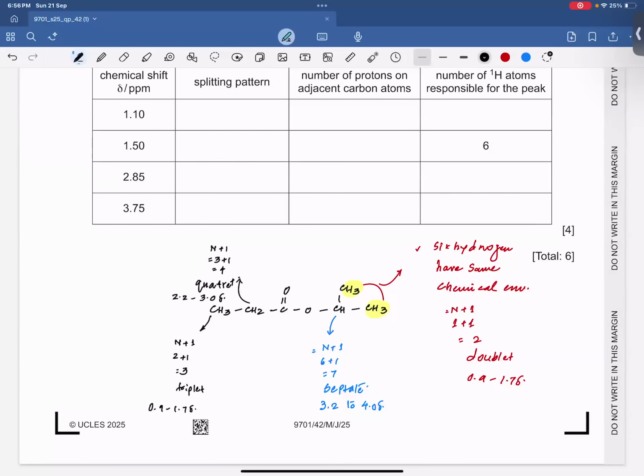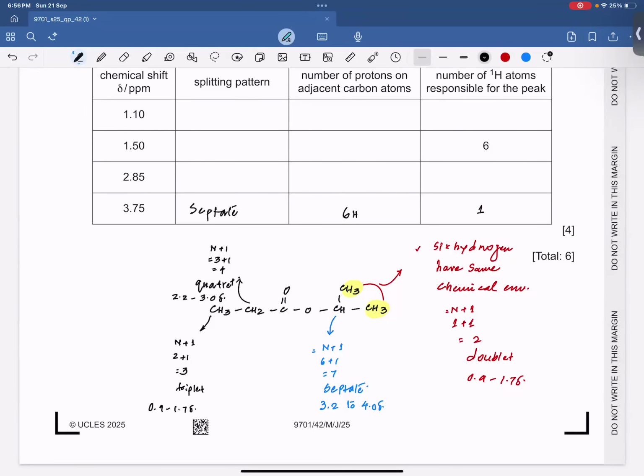Splitting pattern is basically septet. You can write multiplet also. Number of protons on adjacent carbon atom, 6. And number of hydrogen atoms responsible for the peak, 1.